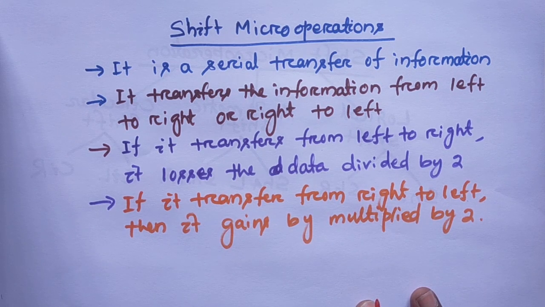If the data transfers from left to right, it loses data, which is divided by 2.